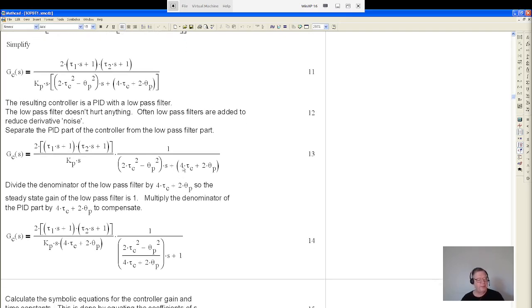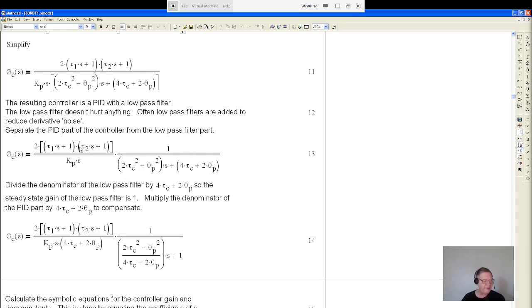The problem with the low pass filter is when S is equal to 0, this is going to be a very small number. So what I'm going to do is multiply the low pass filter by this term by dividing the denominator. Dividing the denominator is the same as multiplying the numerator.